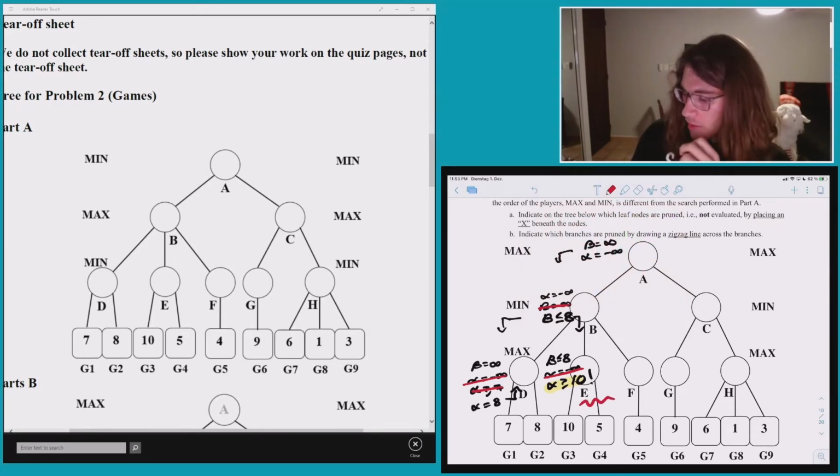So we're not even going to bother checking the next leaf node G4, because we know the min level one level above is never going to pick node E. So node E is not going to realize its full value because we're not going to evaluate all the leaf nodes, because B would never pick it anyway. So we are skipping over to F.